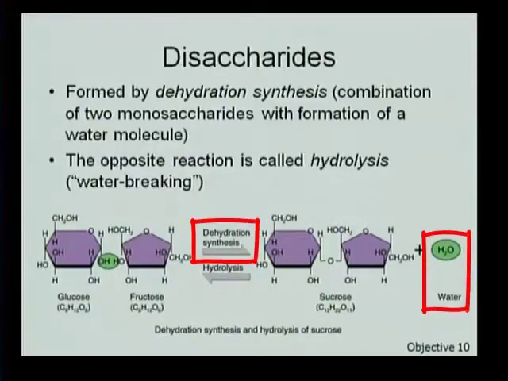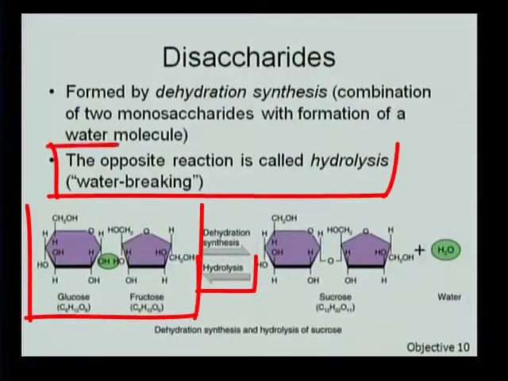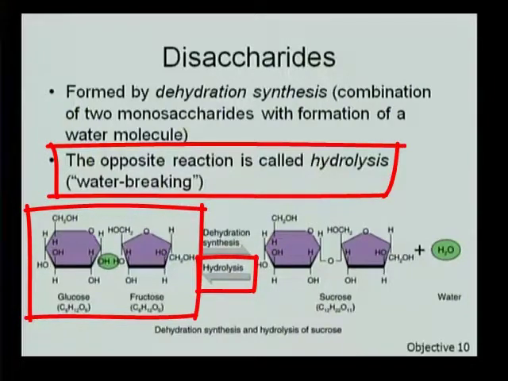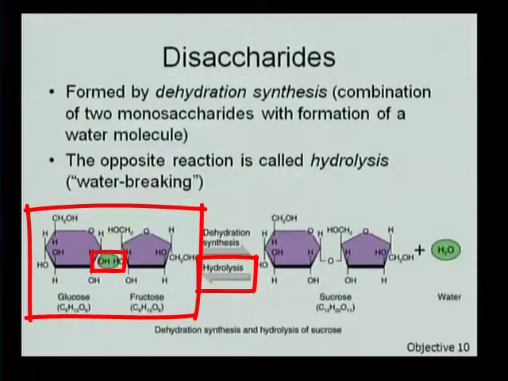We've expelled water, so we're going to call that a dehydration synthesis. Going the other way, from right to left, we use water to break something. Water is hydro. Lysis is the breaking apart of something. We're using water to break chemical bonds, and in this case, the water is going into the structure to help take it apart.